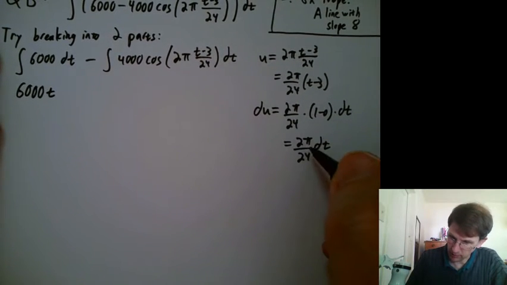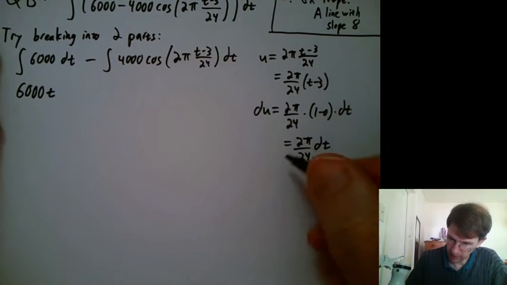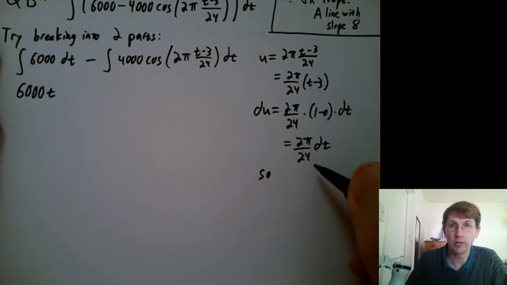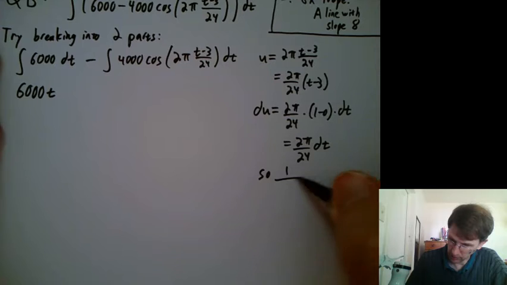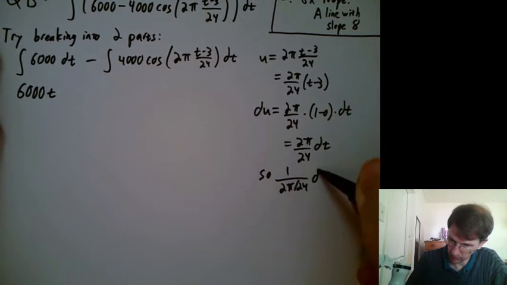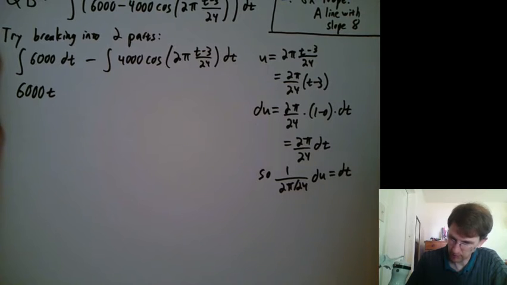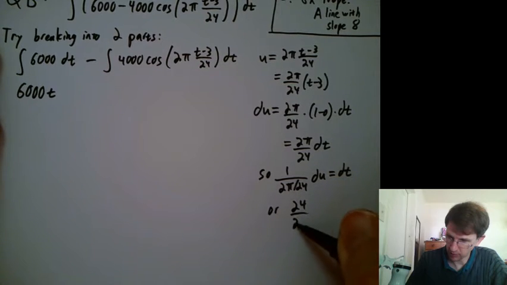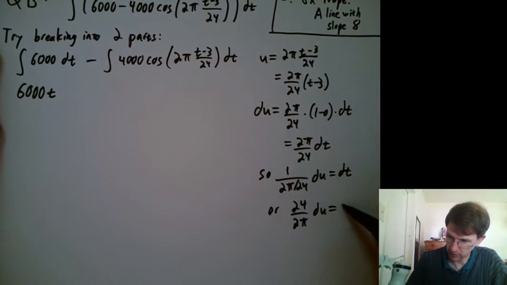All right, so we've got du equals 2 pi over 24 dt. So we could divide both sides by 2 pi over 24. So we could write it as 1 over 2 pi over 24 du equals dt. Or we could just actually invert that and say 24 over 2 pi du equals dt.